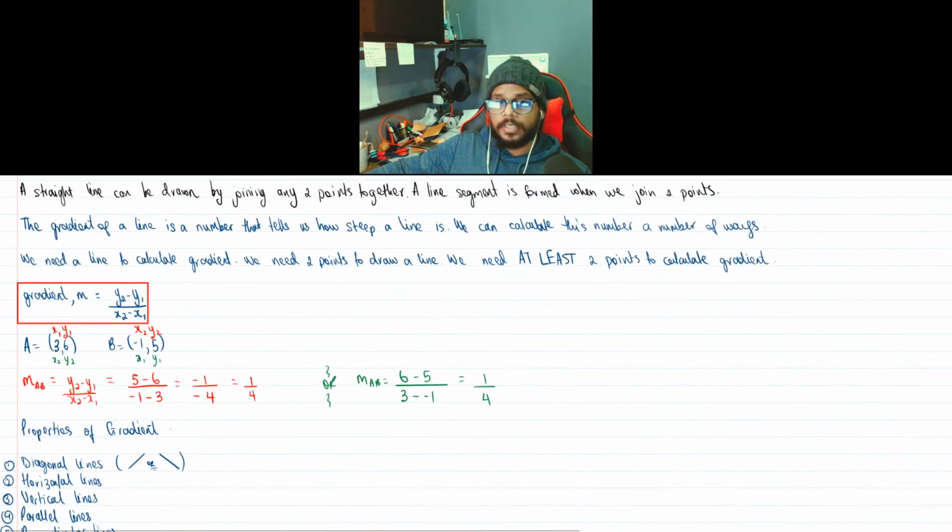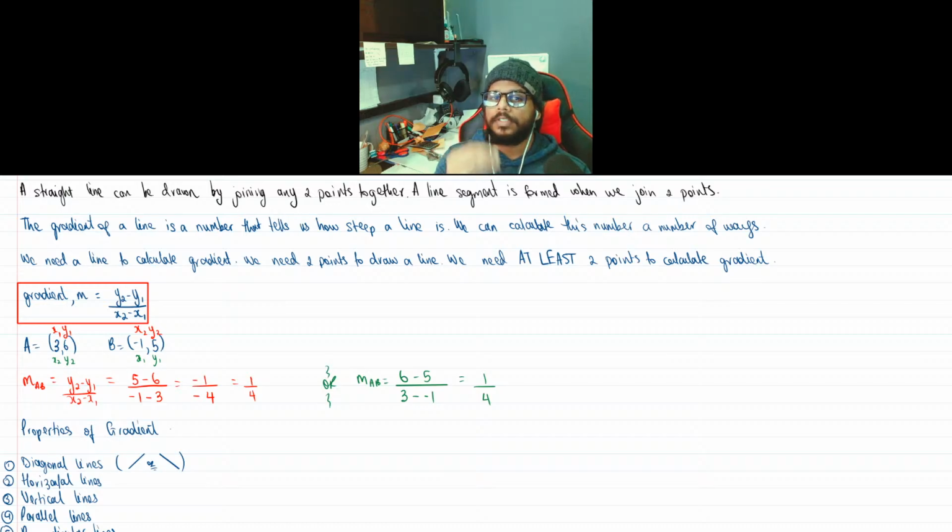A is represented as 3, 6, and B is represented as minus 1, 5. y2, y1, x2, and x1 is just a way to represent the 2 points. Remember, a point is represented as x, comma, y. So the x1, comma, y1 will represent 1 point, and the x2, comma, y2 will represent the other point, because I need to distinguish between both points.